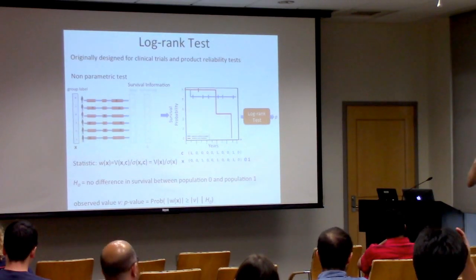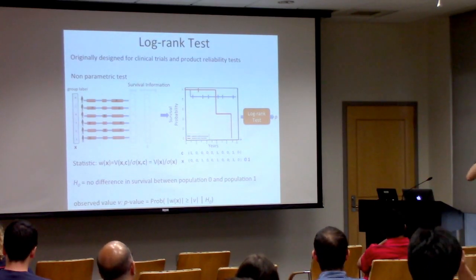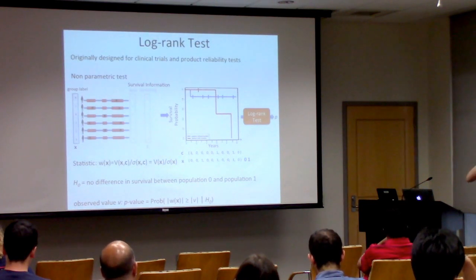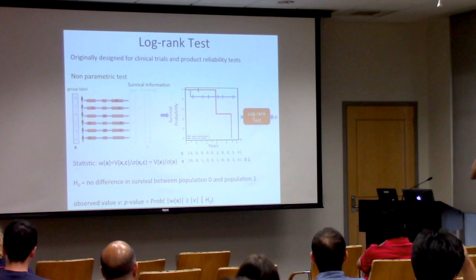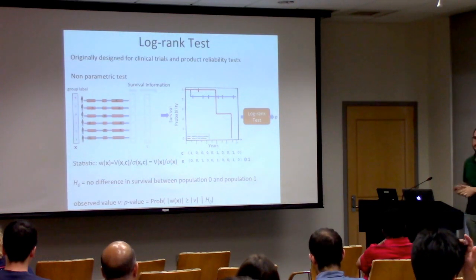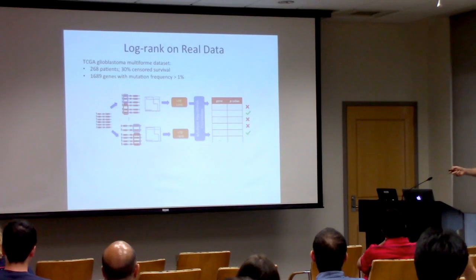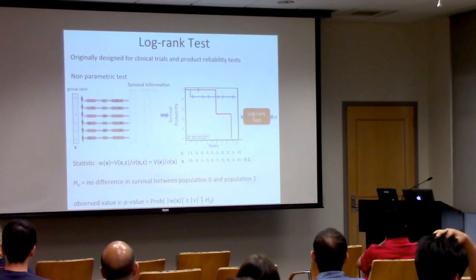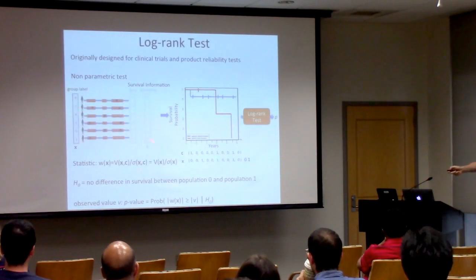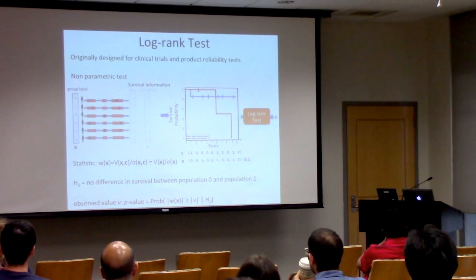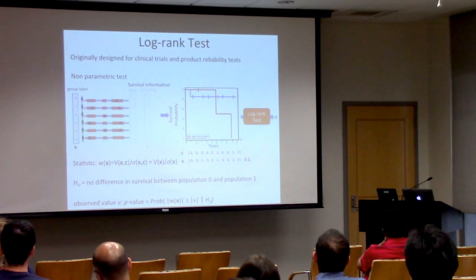And now if the survival distribution is the same for the two populations, the probability that I see an event in group 0 is going to be n0 divided by n0 plus n1. And then I take the difference between what I see and the expectation, and I sum across the different time points. Okay? And this is the standard deviation for that quantity. So it's a standardized statistic.